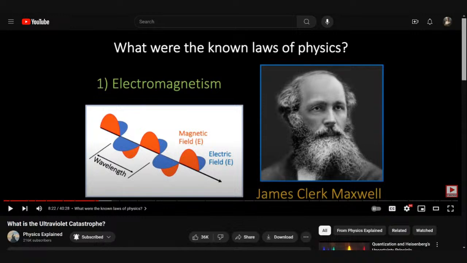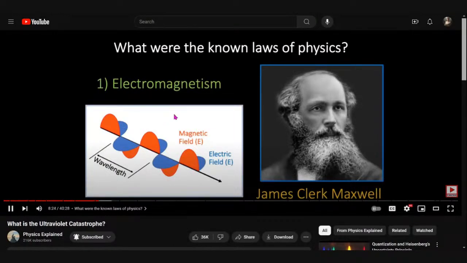So at this point the magnetic field should be zero, but it's not. It looks like they come and go together. That doesn't make any sense. These are not the laws of Maxwell.